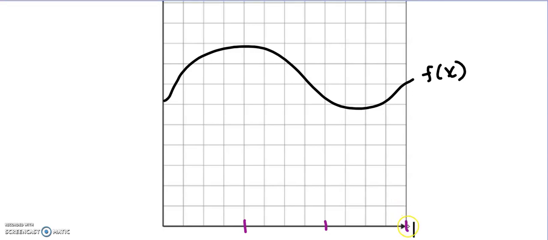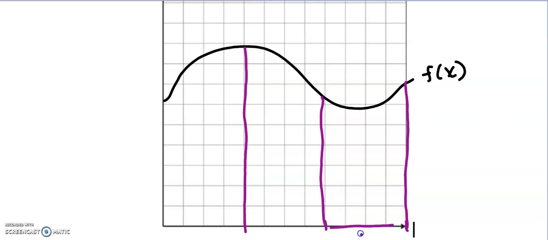And the first method, the one we use often, is a right-hand rectangle. So I go to each of my partitions. If I was using 3 rectangles over the interval from 0 to 3, each one would have a width of 1. And then my heights would be dependent on the right-hand value of the function.